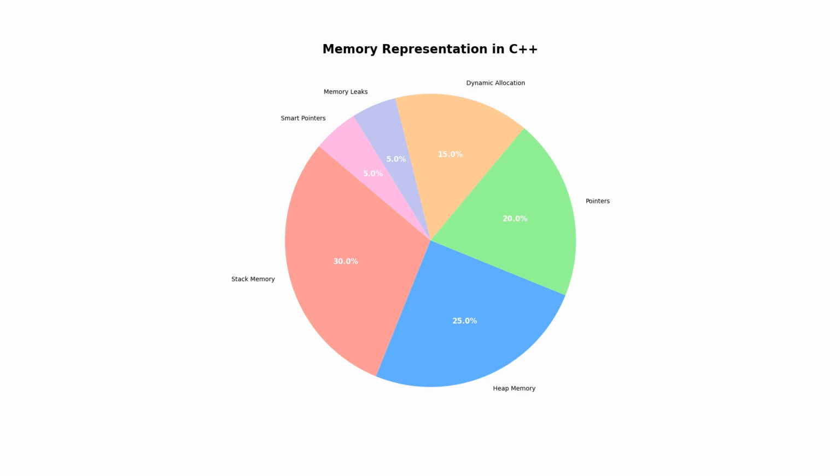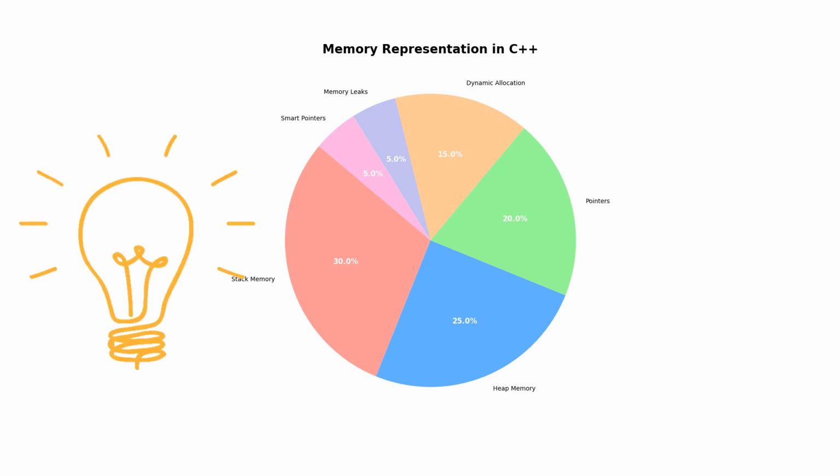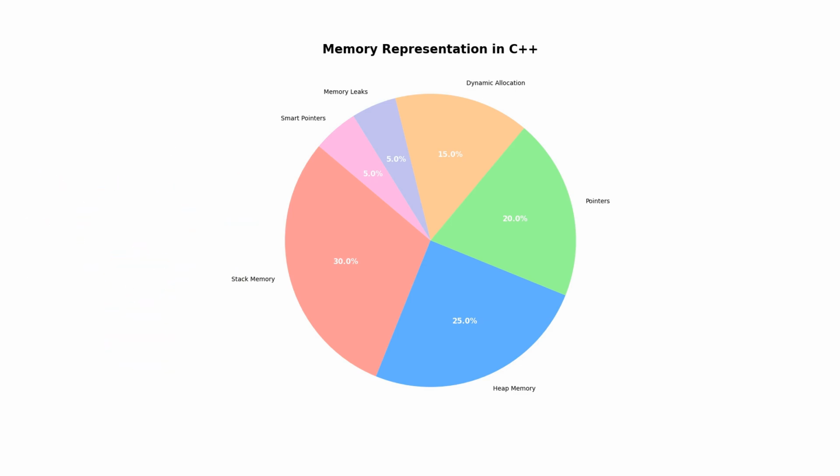From these values, we can draw several conclusions. Now, stack memory is the single largest slice at 30%, and when we combine that with heap memory at 25%, we get a total of 55%. This indicates that raw storage regions form the majority of the representation on this chart.